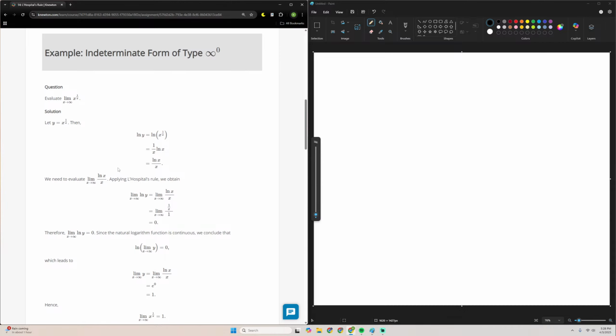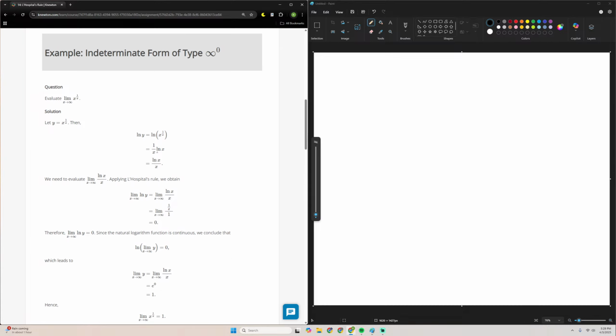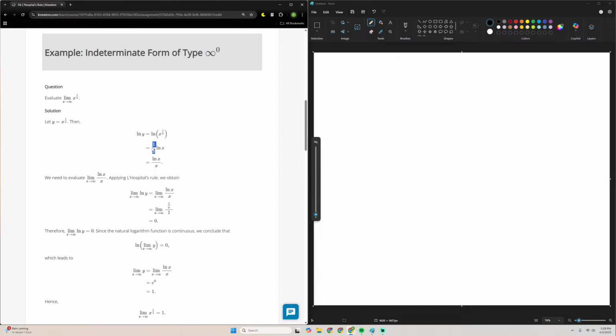I don't understand that last step. Evaluate the limit as x goes to infinity of x to the power of 1 divided by x. You bring that down, 1 over x times the natural log of x, and then you divide it. Oh, you're technically dividing it by x.